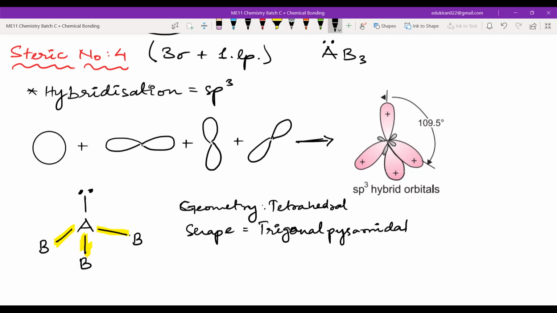Can somebody look at the Egypt pyramids on Google? So what do you think, does it have a trigonal base or a square base?